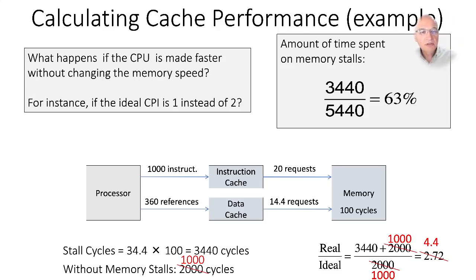Now if I want to know the amount of time that I have spent on stalls, the number of stall cycles has not changed because the memory has not changed. The only thing that changed was the processor. And now I see that the processor will be spending 77.4% of its time doing absolutely nothing, just waiting for the memory.